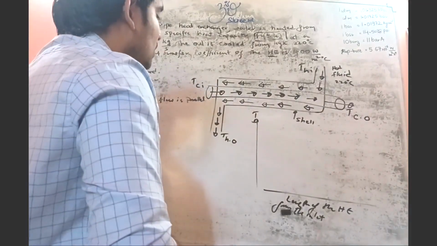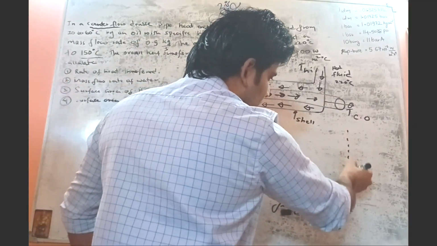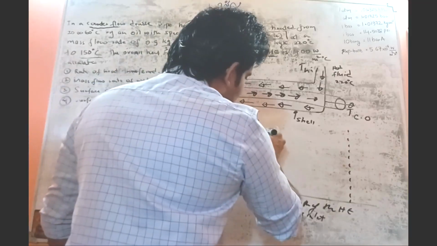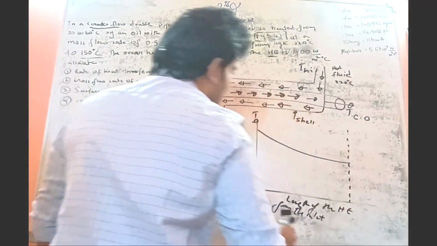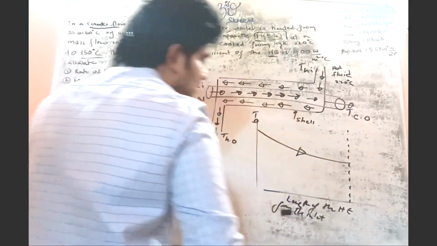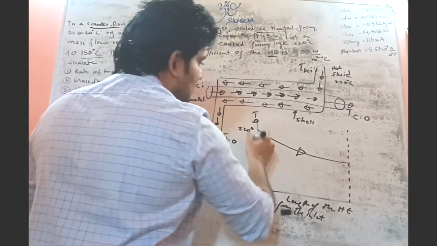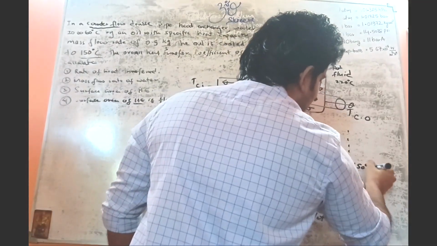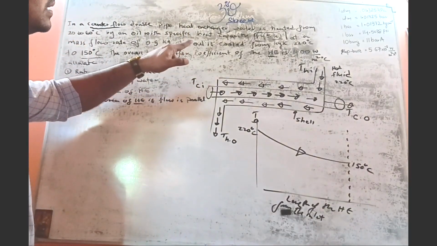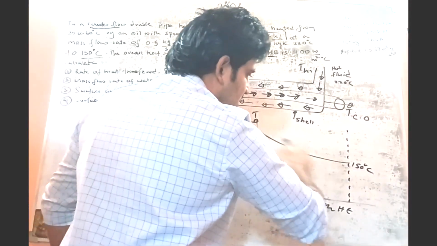If you set the temperature profile with a dotted line, this is how the temperature varies for the hot fluid. What is the starting temperature of the hot fluid? 220 degrees Celsius, and it ends at 150 degrees Celsius, because the problem clearly mentions 220 to 150.